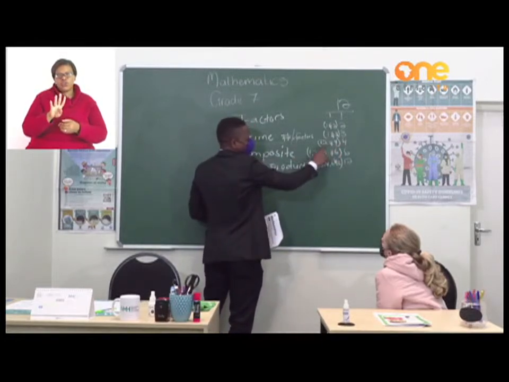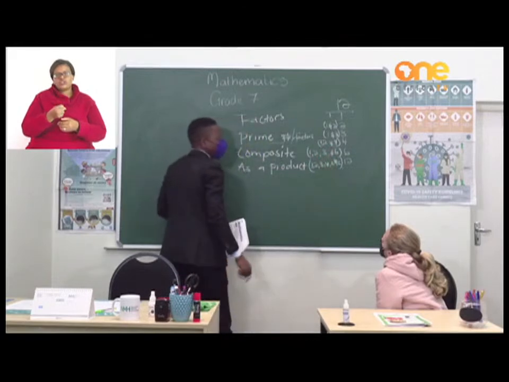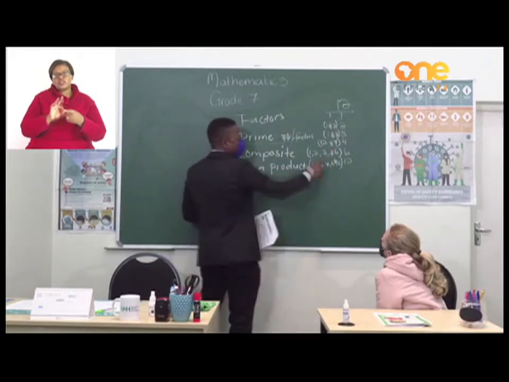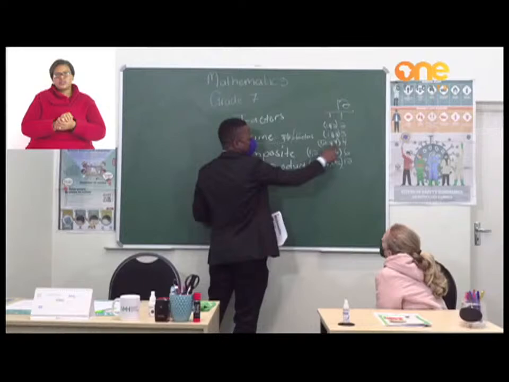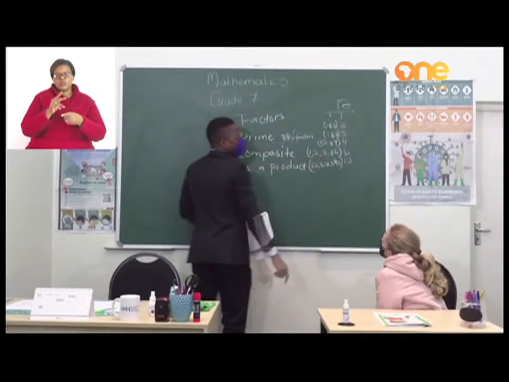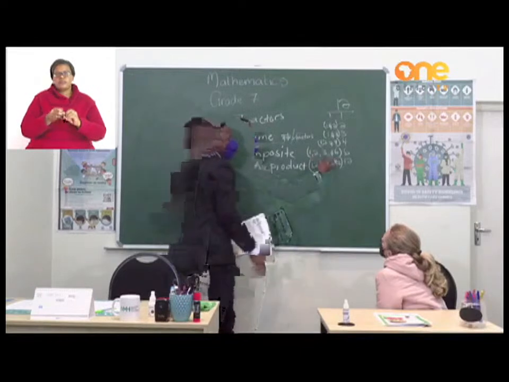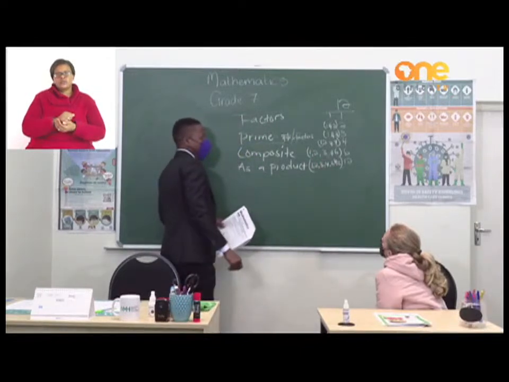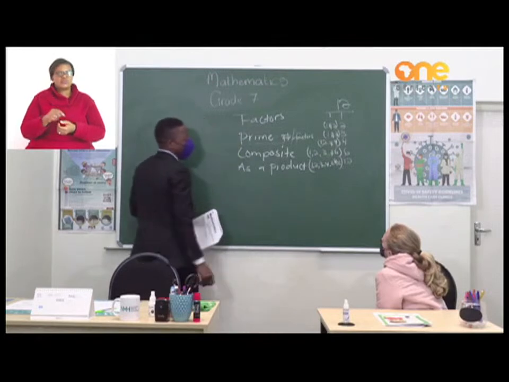4 has 3 factors, therefore it is not a prime number. 6 has more than 2 factors, so it is not a prime number, and 12 is the same, it cannot be a prime number or a prime factor.